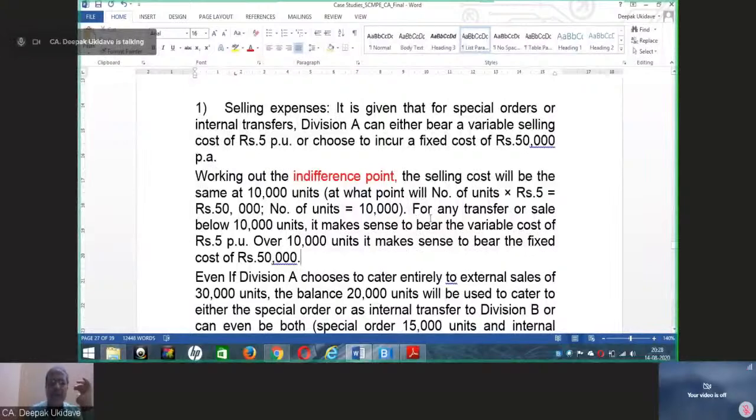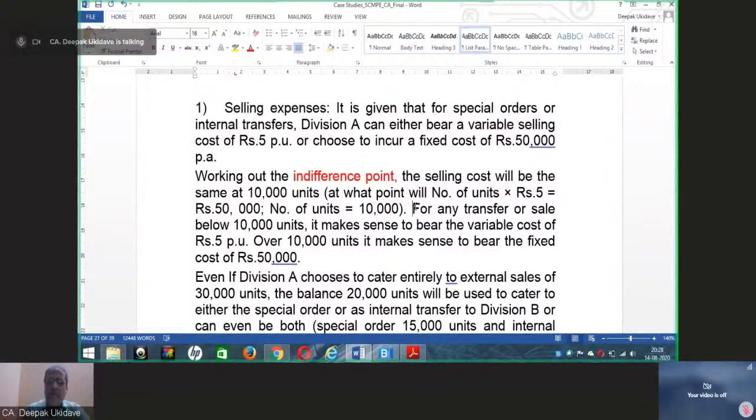For any transfer or sale below 10,000, it makes sense to bear the variable cost of rupee 5. So one thing is clear: if your actual transfer is less than 10,000, then it is better to bear variable cost. If your actual transfer is more than 10,000, it is better to bear fixed cost. Say your actual transfer is 7,000 units, then 7,000 into 5, 35,000, will be a better option than 50,000. Correct? But if your transfer quantity is 11,000, then 11,000 into 5, 55,000, will be higher than 50,000.